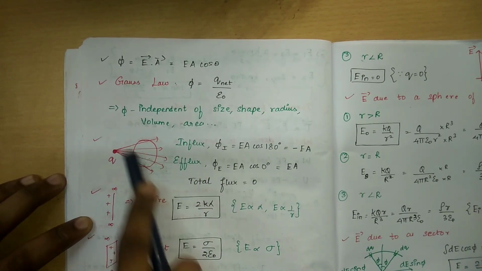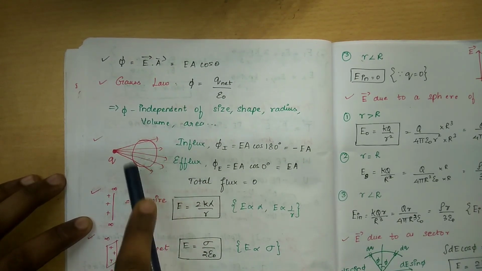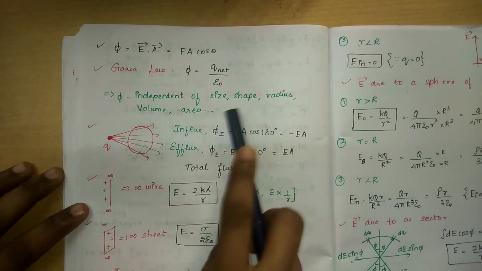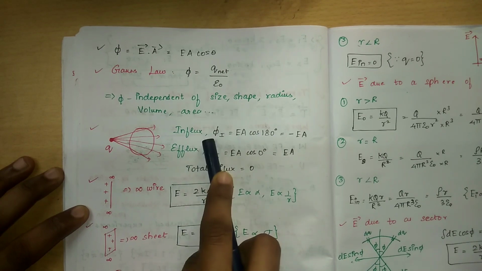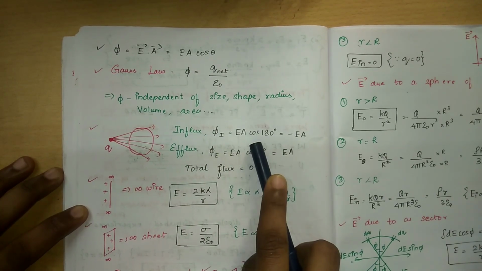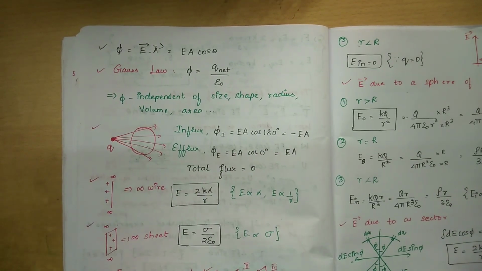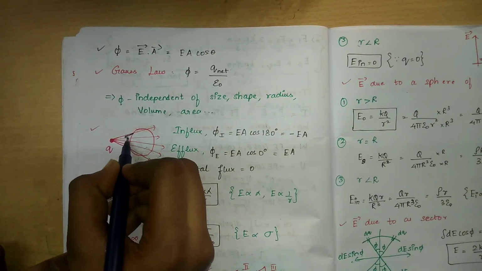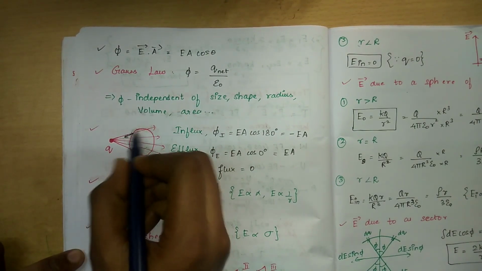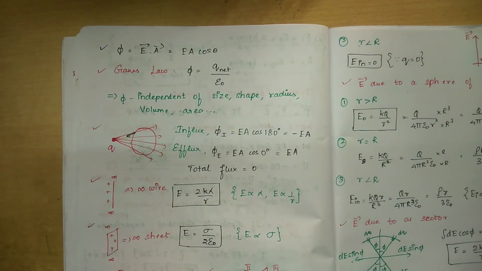If a charge is placed outside the sphere, what is the total flux they are asking? It means the influx minus efflux. Influx phi is equal to EA cos theta, because the area direction and the field are in opposite directions, which is 180 degrees.